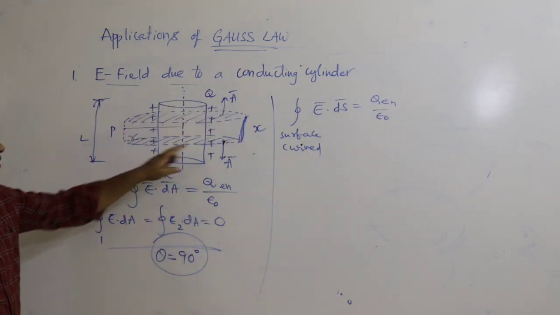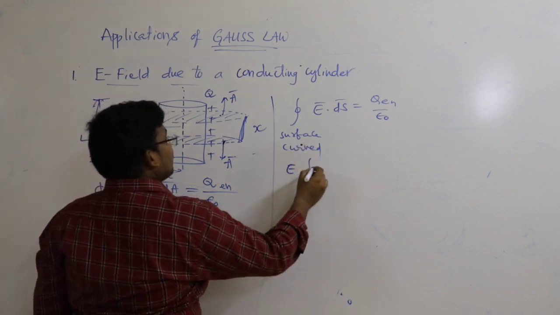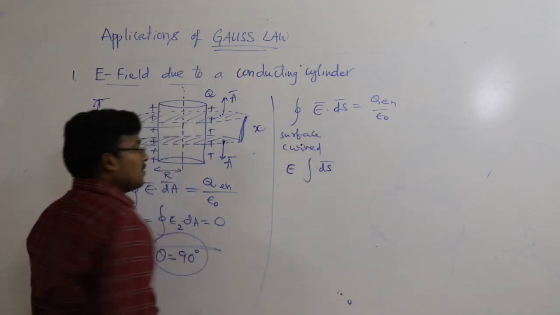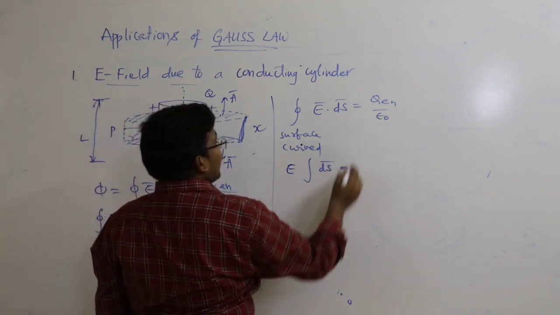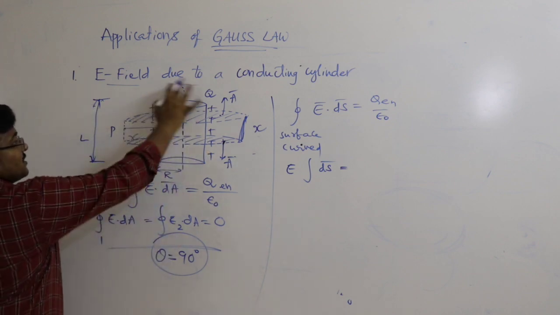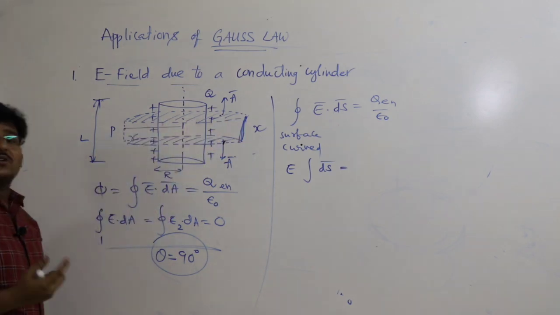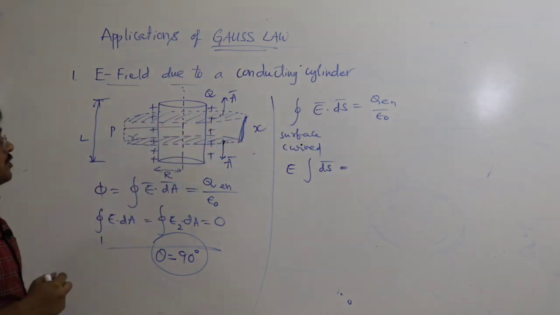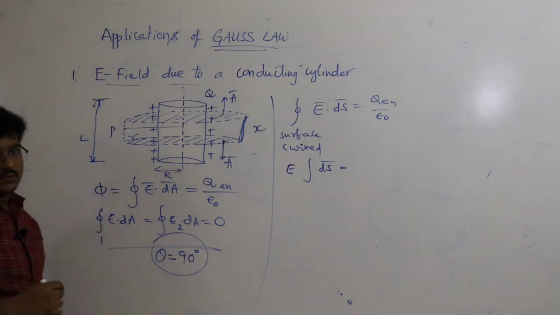For this third surface I am taking E out, and the integration of this dS area is equal to Q enclosed. How much charge is enclosed? See, the total charge of the cylinder I have given as Q. Now in this cylinder, how much charge? You can find out with the help of length.